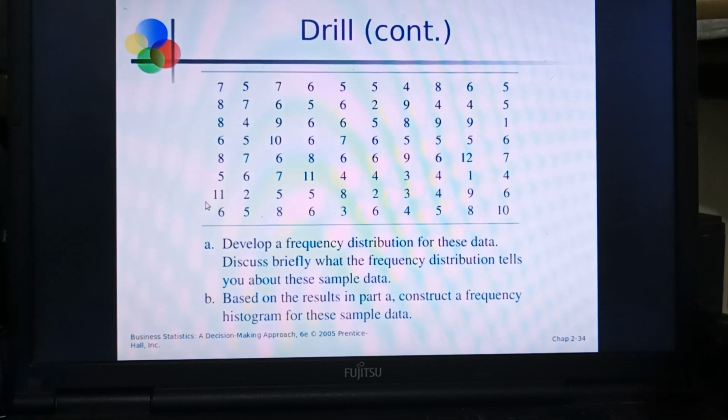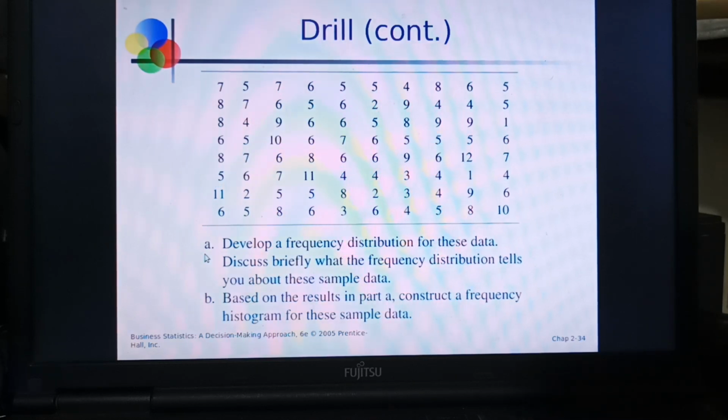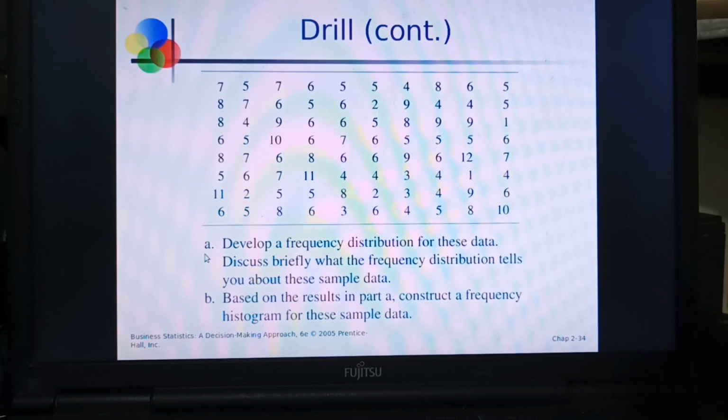As is, the data is unsorted, and it looks as if they don't mean anything. Now, letter A, what you need to do is develop a frequency distribution for these data.